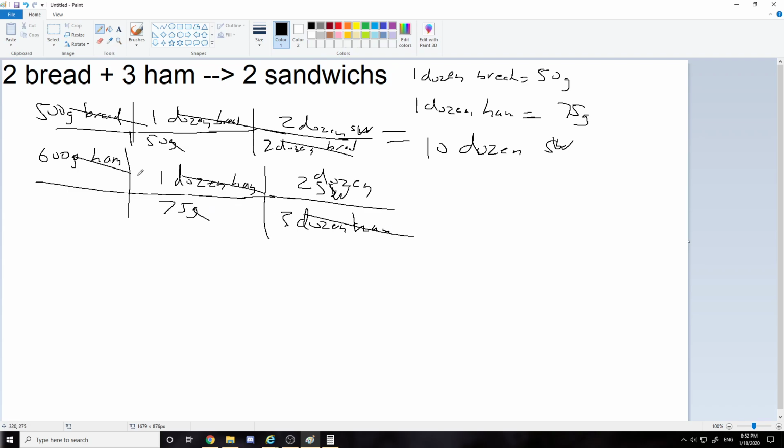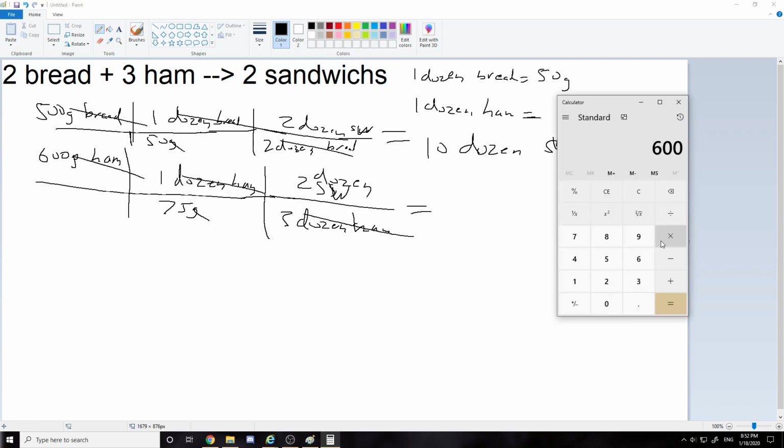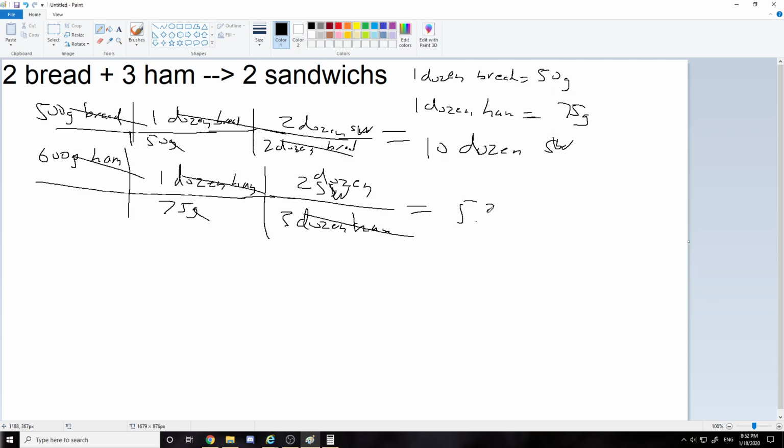Right? Remember, these units all cancel because they're opposites to each other. So this is saying with our 600 grams of ham, we can make 5 1/3, 5.33 dozens of sandwiches.